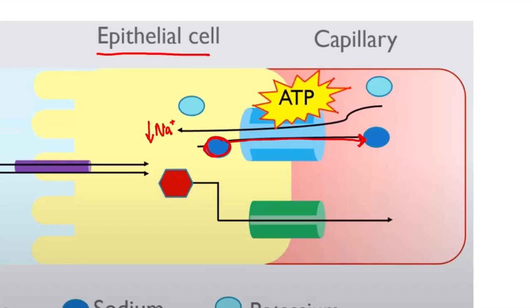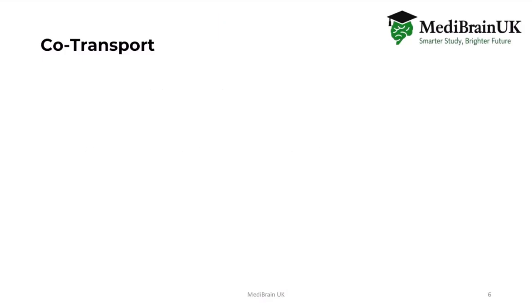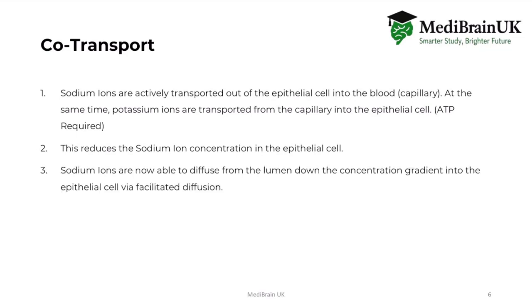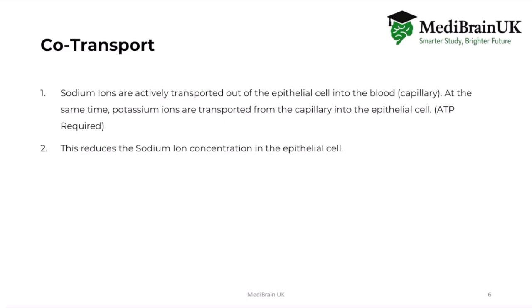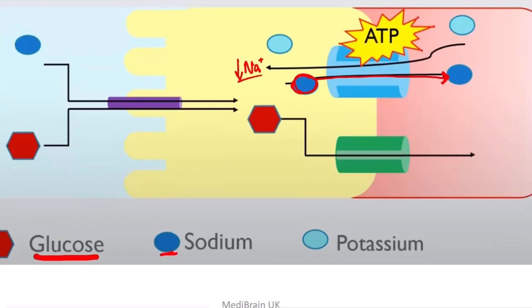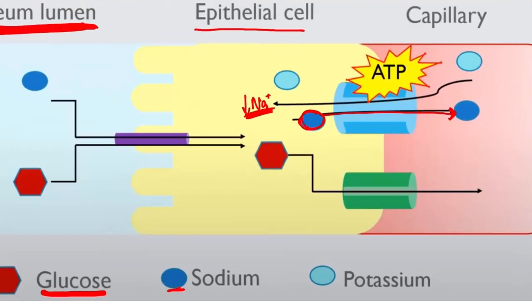That's going to cause a decrease in sodium ion concentration in your epithelial cell. So the sodium ions are going to diffuse from the lumen down the concentration gradient into the epithelial cell by facilitated diffusion. If we have a look at that over here, we've decreased the sodium ion concentration in the epithelial cell.